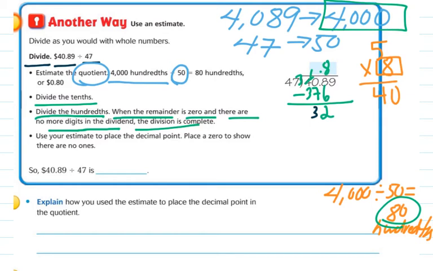And now, boys and girls, we have 32. We know we can't make 32 into groups of 47, so we're going to regroup and bring down the 9. So, boys and girls, we say to ourselves, well, 7 times 47 will give us 329. If we subtract that, we get zeros left over.